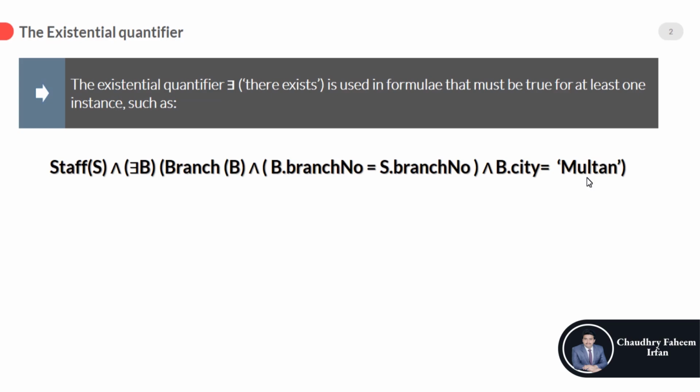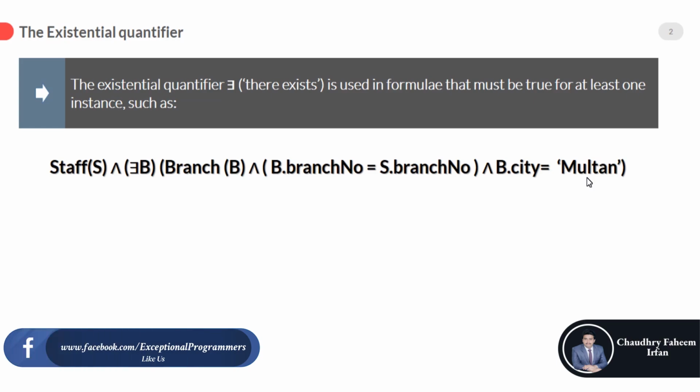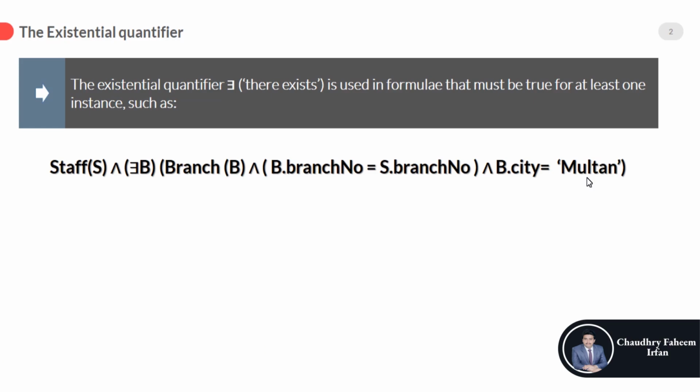This means there exists a branch tuple that has the same branch number as the branch number of the current staff tuple S, and is located in Multan, where Multan is the city name. This means we are going to select B from branch and S from staff table.